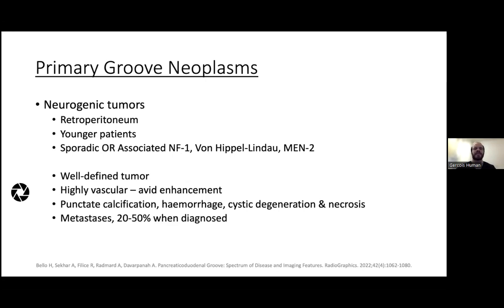They are classically described, and you will come across this, as light bulb bright on MRI T2 sequences. Some people will ask how bright is a light bulb exactly; I'll show you on the next slide what I mean by that. Often at the time of diagnosis, there are metastases in 20 to 50% of patients.